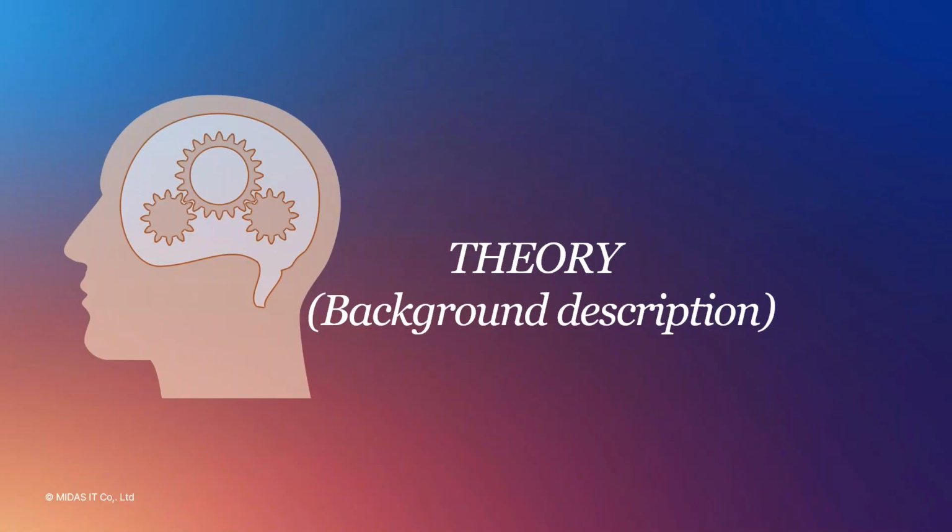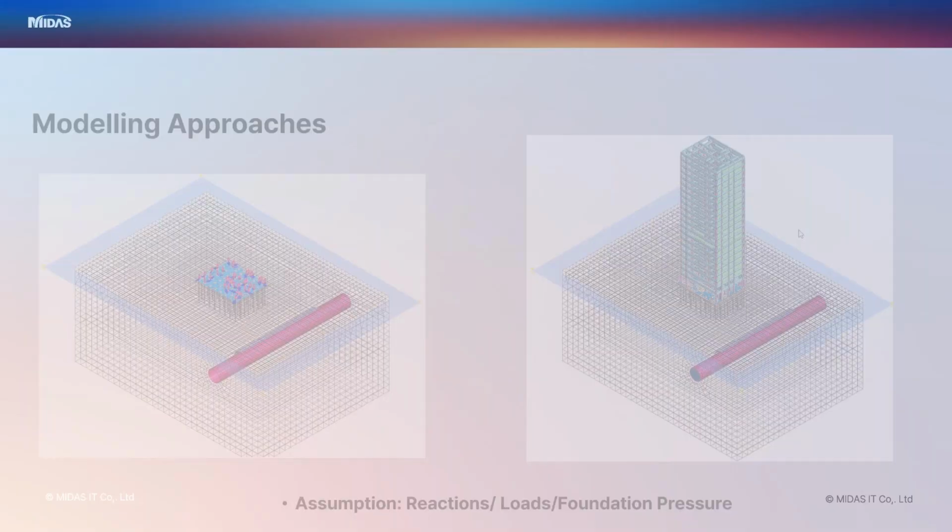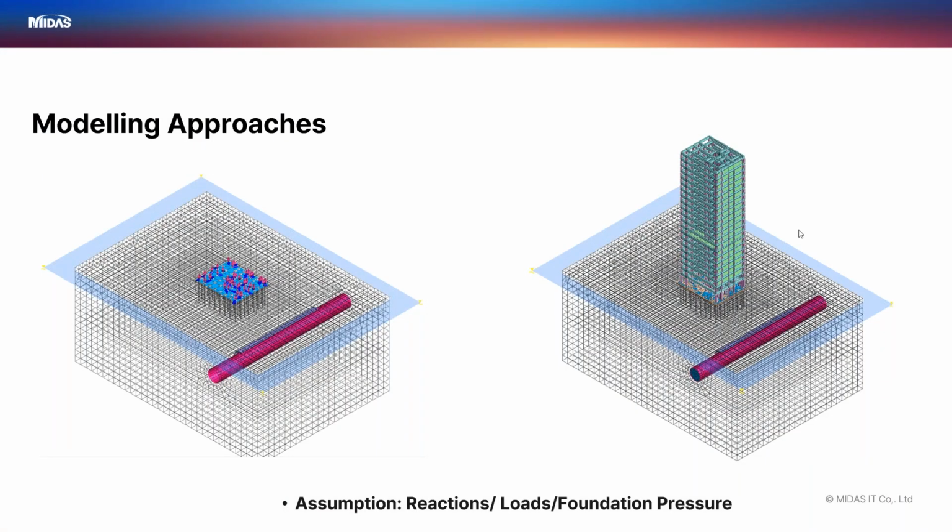So just to see the background, we have all seen that the subway systems go quite close to urban infrastructure, because right now the spaces are limited. That is why we have to resort to tunneling. So here you can see the modeling approach can be of any type.